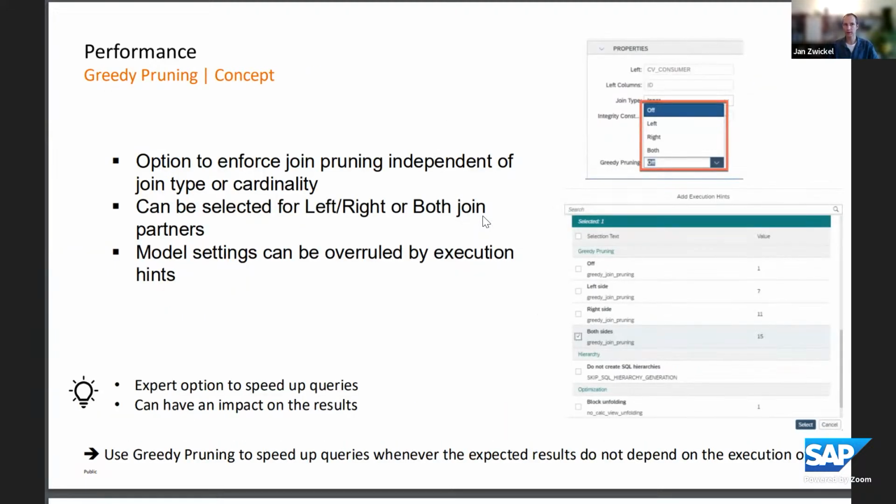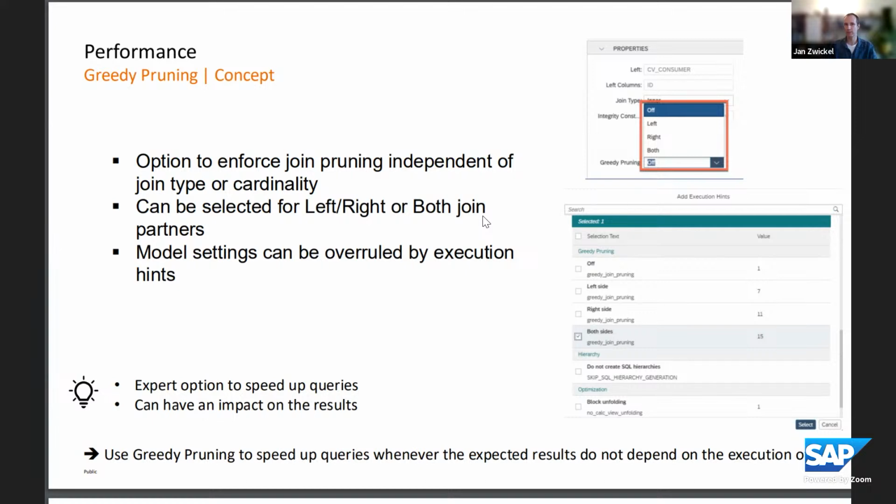Now the second part, the second innovation, is also about a performance option that's new, and that's greedy pruning. Greedy pruning is in the context of join pruning. Join pruning basically happens when you enrich the join with semantic information that allows skipping the join at runtime.